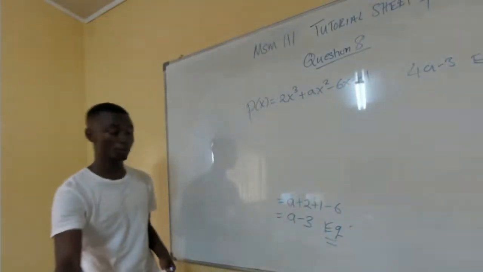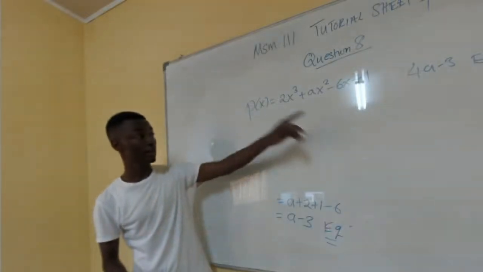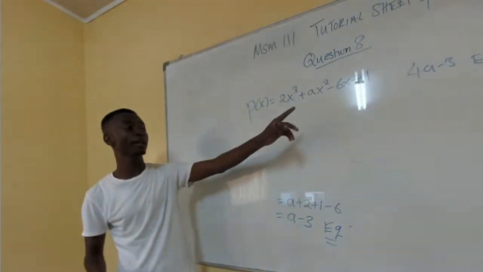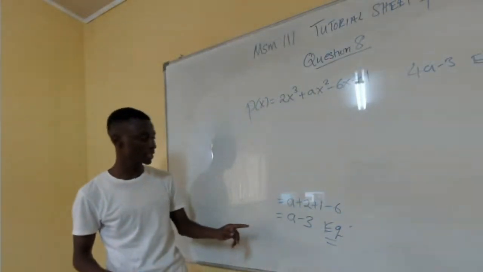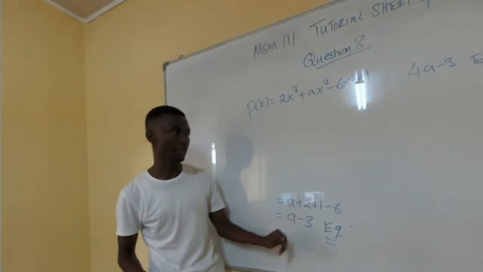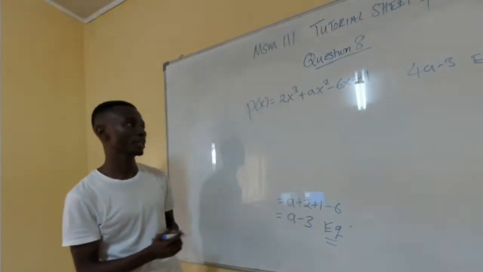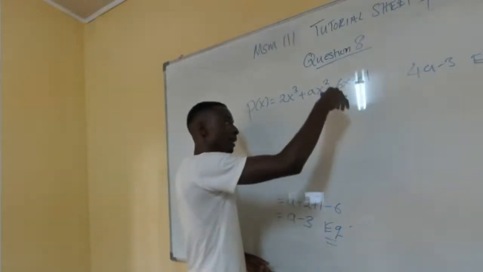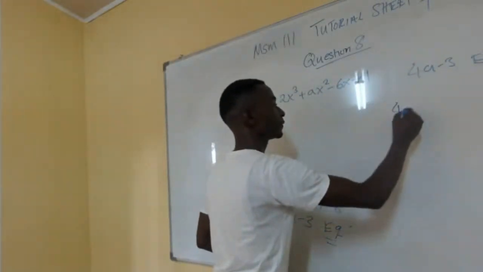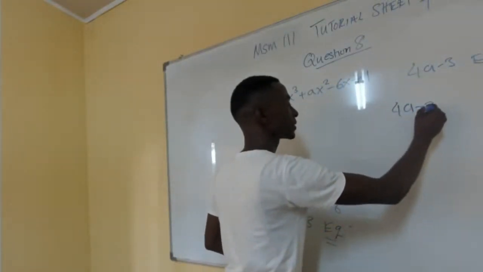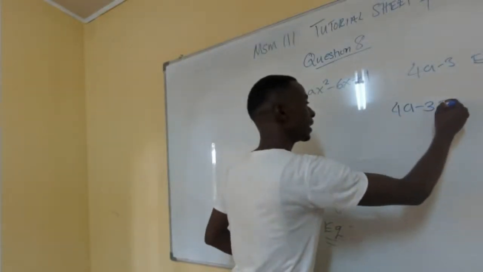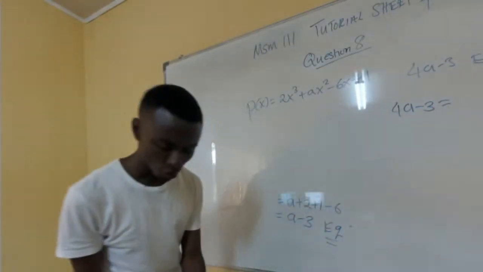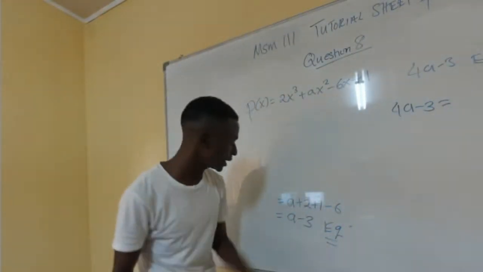So don't forget, we have two equations. Our first equation is 4a minus 3. Our second equation is a minus 3. So now, the statement is saying that divided by that is twice. So now you say 4a, because that's our first equation, equal to twice this one.